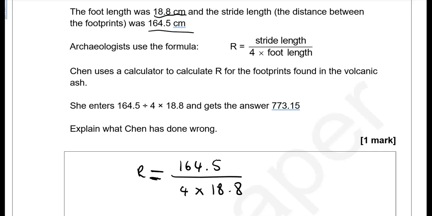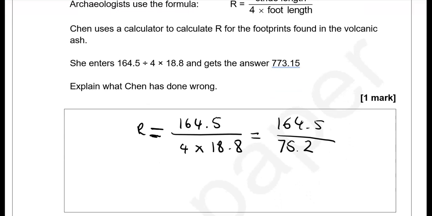So basically 164.5 is divided by 4 times 18.8. So we've got to first work out 4 times 18.8, which is 75.2. So Chen should have divided by 75.2, not by 4, and then multiplied by 18.8.